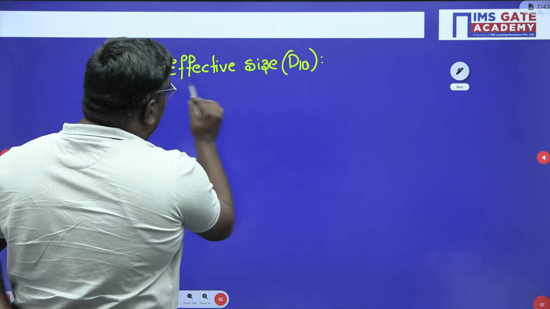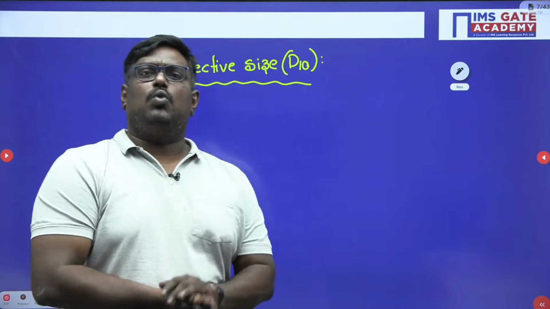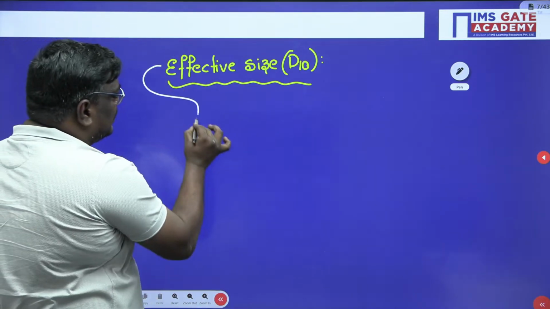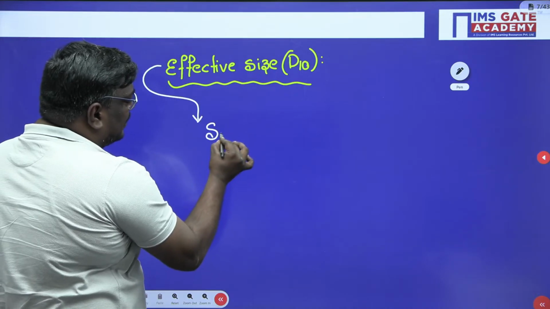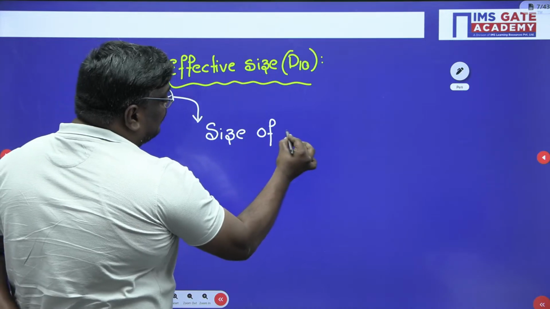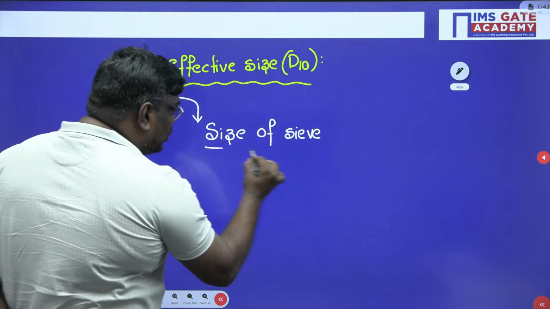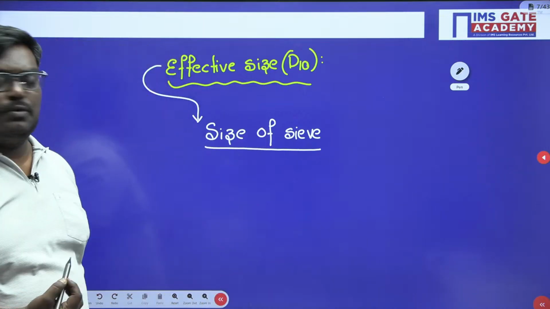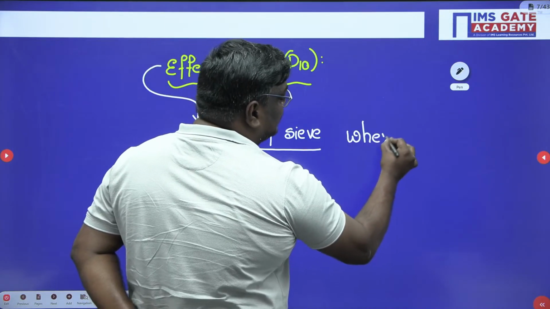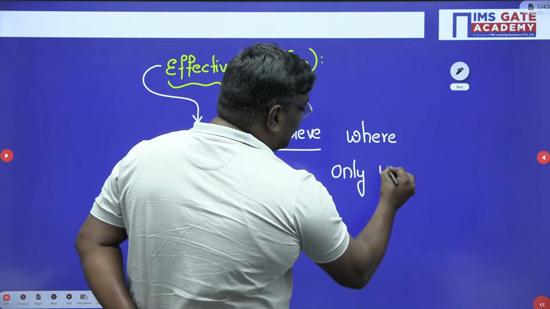If anyone asks you what you mean by effective size, first remember that it is nothing but the size of the sieve where only 10% of the soil particles are passing.